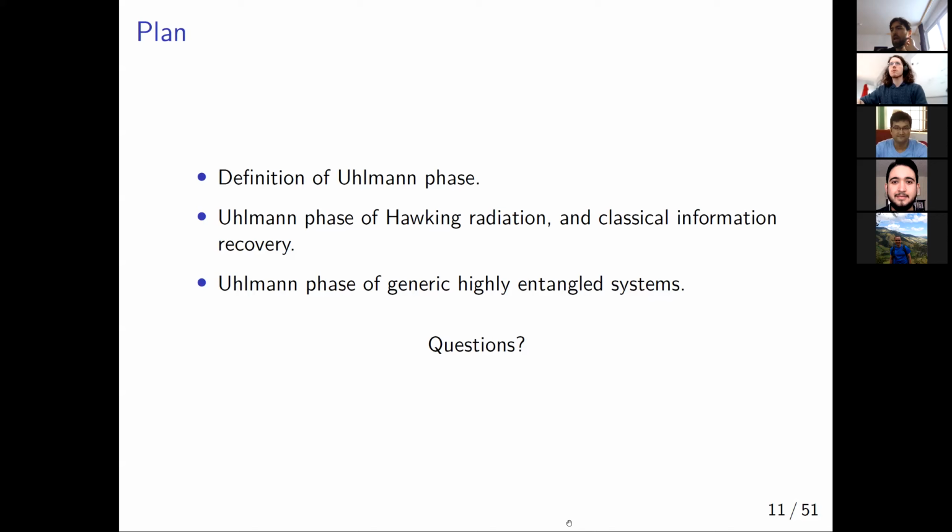I think having a Page curve for the entanglement entropy is a necessary but not sufficient condition. What you would like to have is a Page curve not only for the entanglement entropy, but for all the Renyi entropies. That would imply that the entanglement spectrum of the initial and final density matrices are the same, and therefore they are related by a unitary transformation.